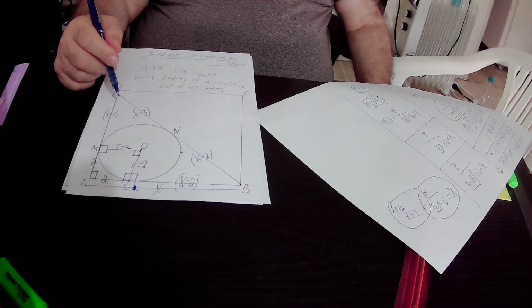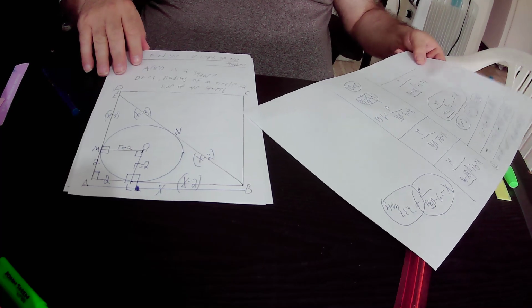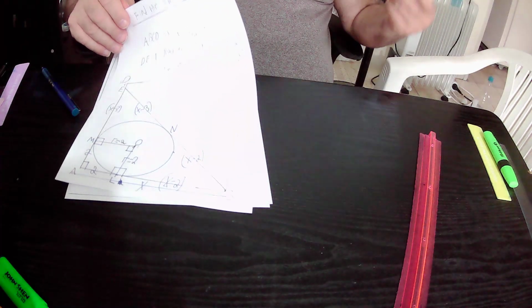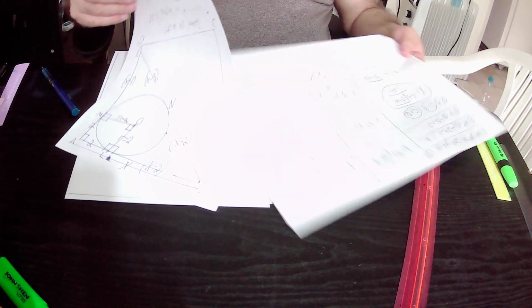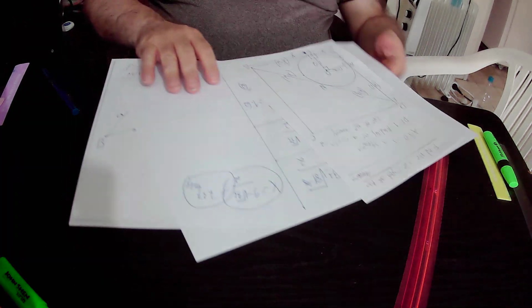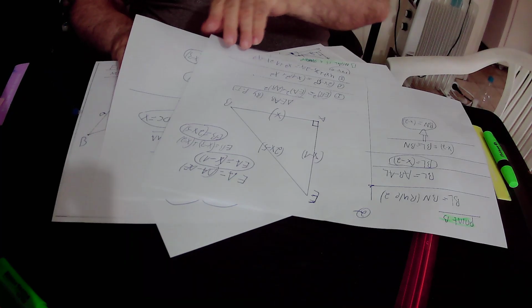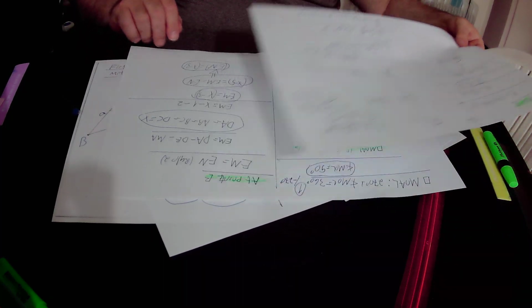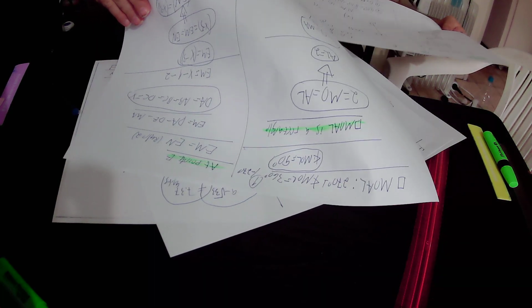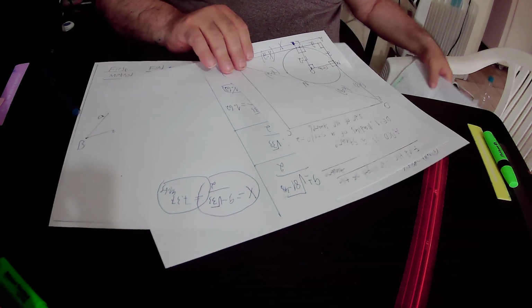Okay, so we finished with the first method. We finished with the first question. In the next step, I will present the second question, and we will solve the second question in 2 different methods.